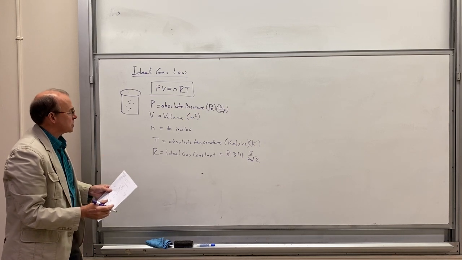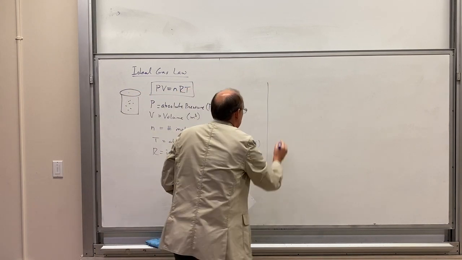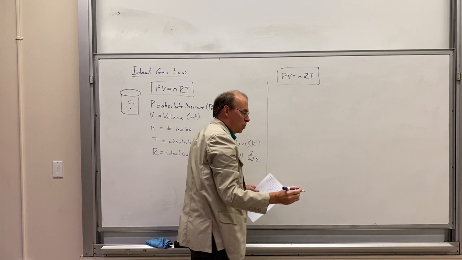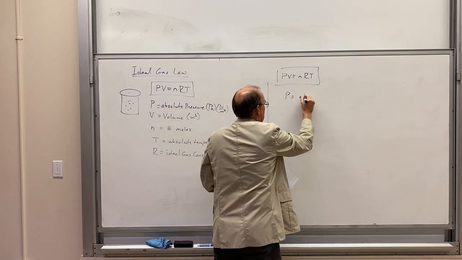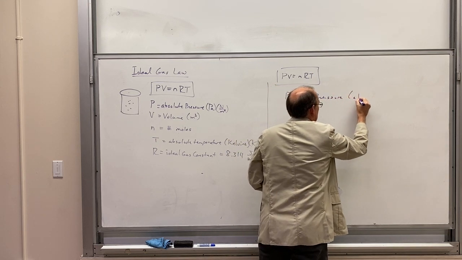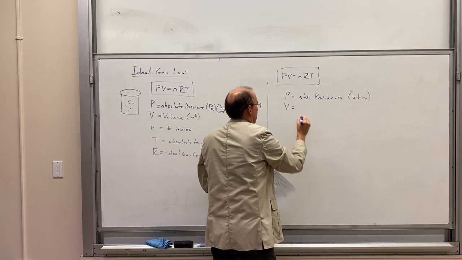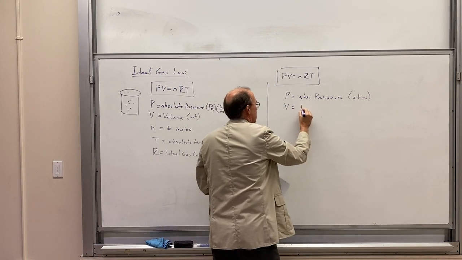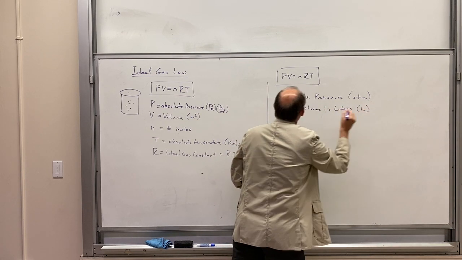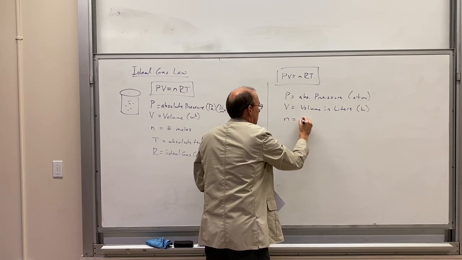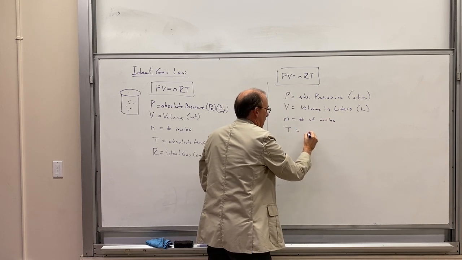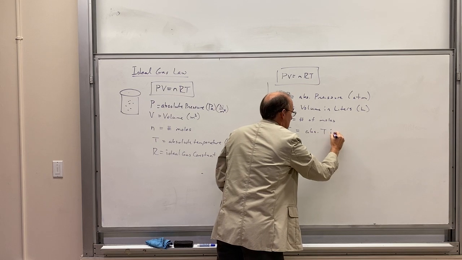This is not the only possible set of units, though. You could also have PV equals nRT, and this will work if P is absolute pressure in atmospheres, V is volume in liters, n is still number of moles, T is still absolute temperature in kelvins.